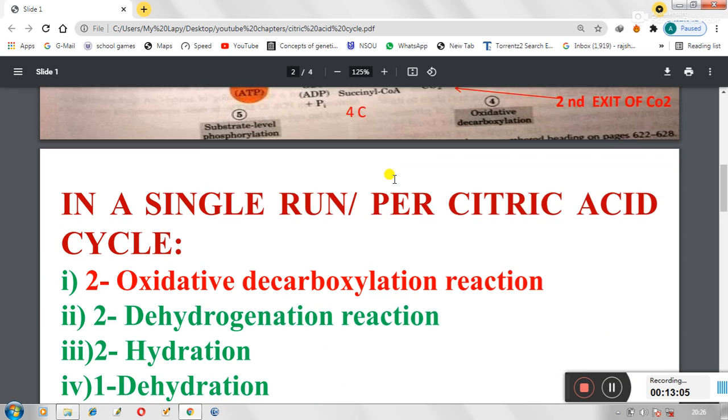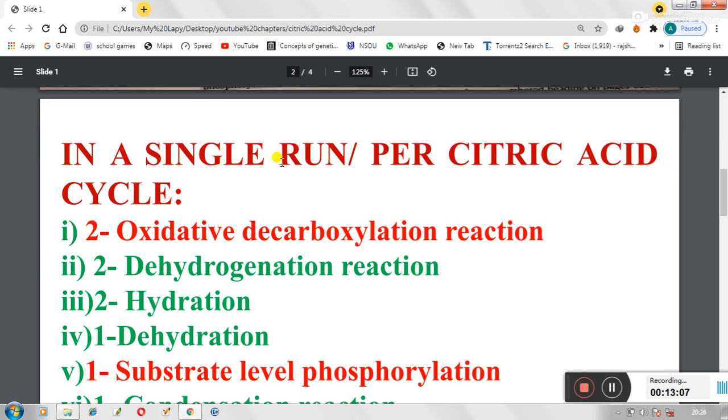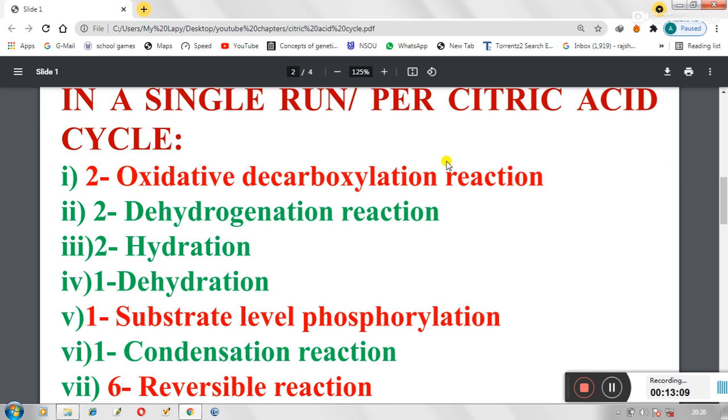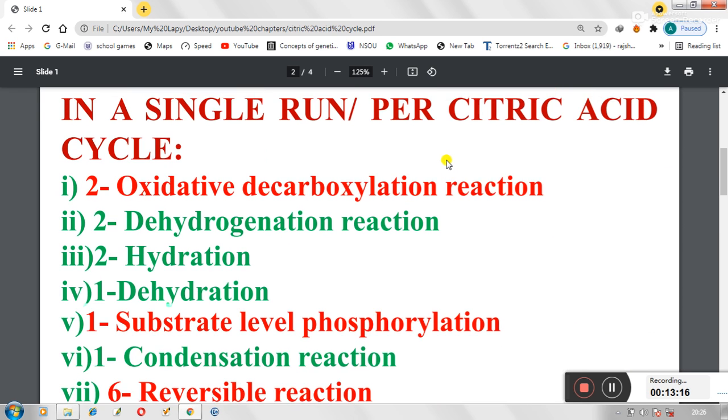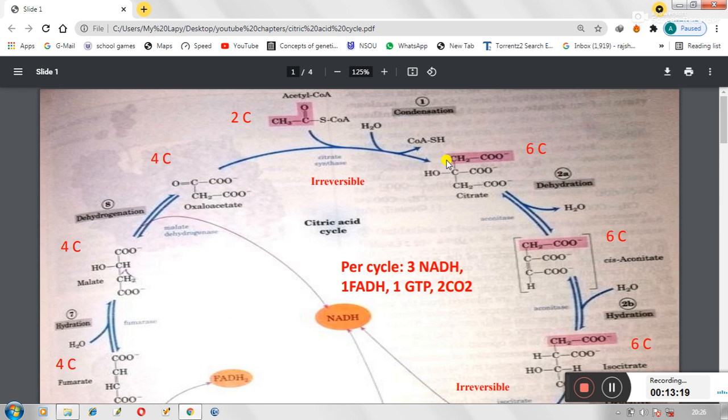So let's start with a single run. In a single run of the Krebs cycle, one acetyl coenzyme A will be oxidized.